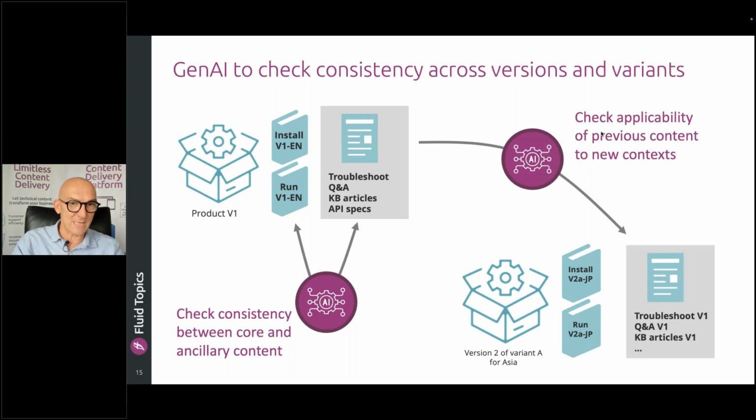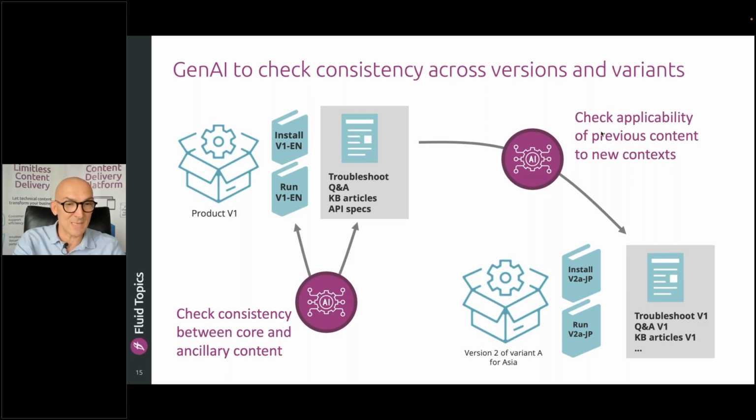You can use GenAI for checking the applicability of something that has been written for V1 and checking if this is still applicable and tag it as applicable for version 2A. So the idea is not necessarily to duplicate that content, rewrite that content, but probably just tag it as, yes, at least what we see here in this KB article that was written for V1, it's still applicable for V2A.